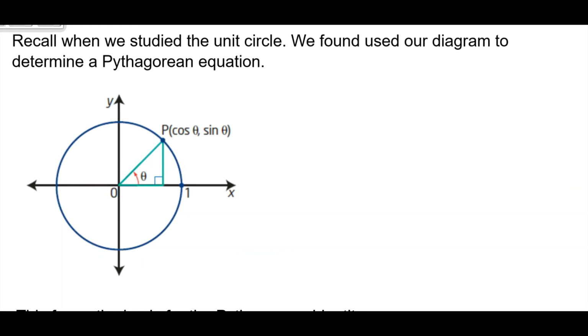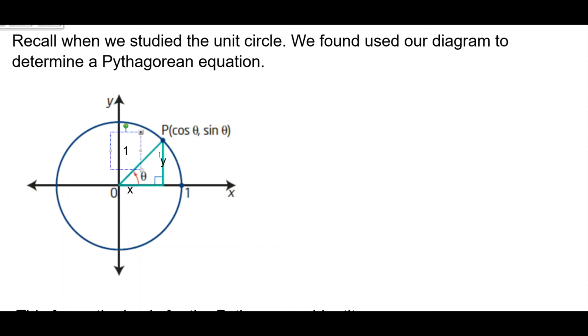In chapter 4, we studied the unit circle. We used our diagram and we could determine the Pythagorean equation around that. So you'll see that this is that same diagram. Now we're going to put a couple of labels on here just to refresh. This distance here is going to be the distance x. This distance here is going to be the distance y, and I'll fix where that's located in a second.